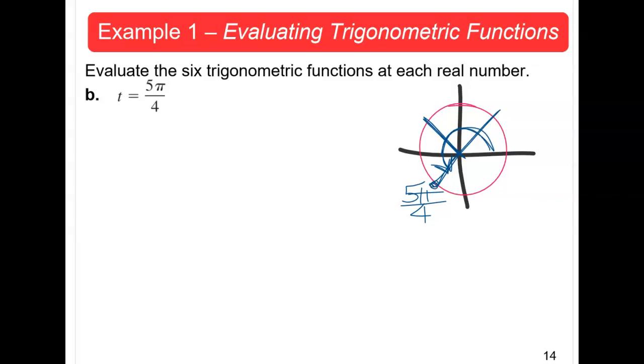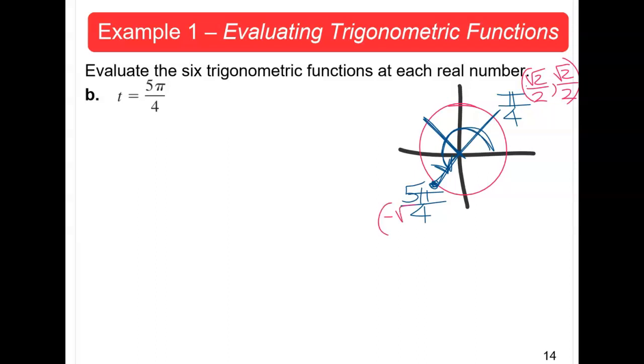So the point that corresponds to it, and you can look at your notes or rewind this video, and remember for pi over 4, both the coordinates for that particular point were the square root of 2 over 2 and square root of 2 over 2. So the sine and the cosine are the same. So for the point that will correspond to the angle 5 pi over 4, we'll have the same numbers, but both x and y will be negative.